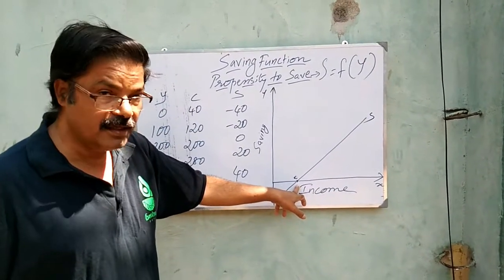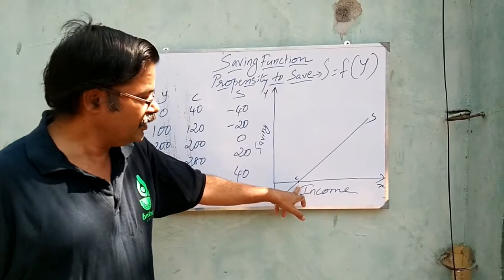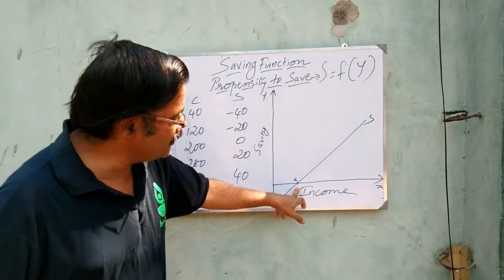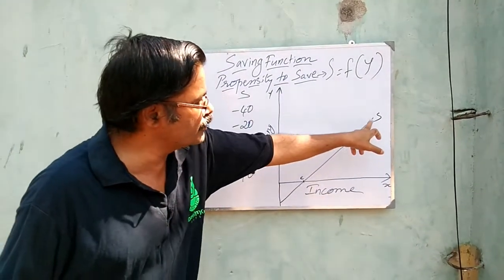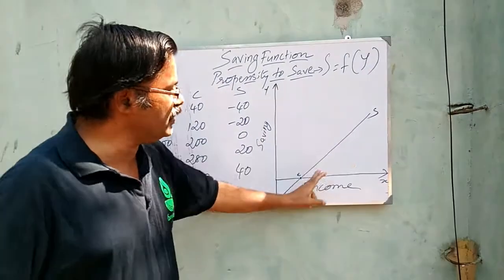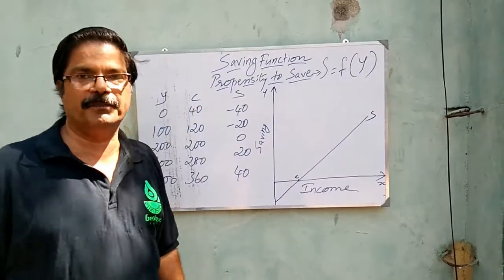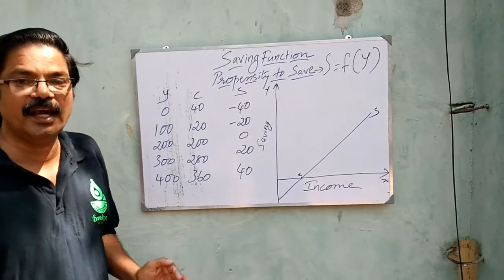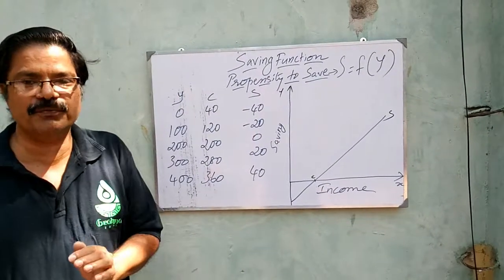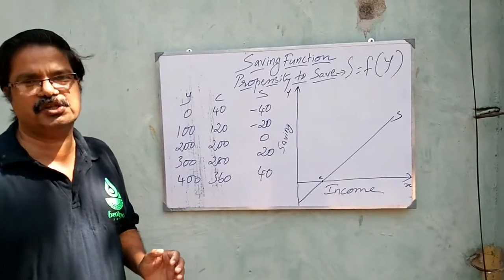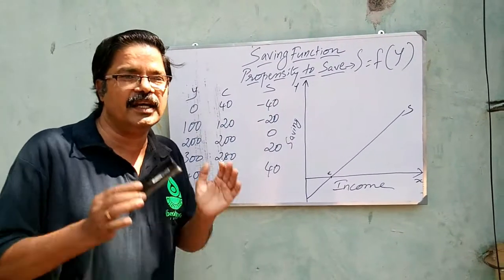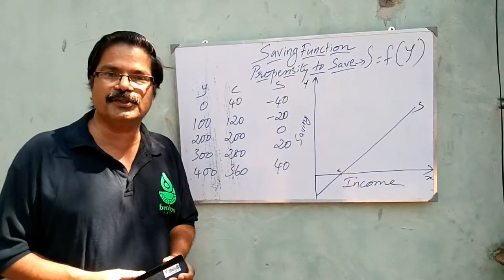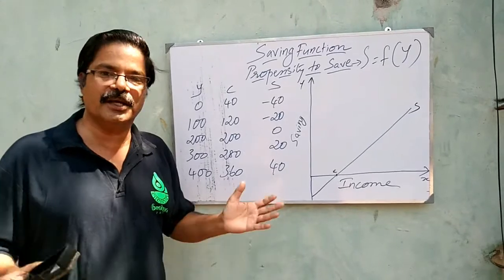What does it mean? It means consumption and income are equal. But as income increases, saving goes on increasing. So the saving curve also slopes upward from left to right. So saving is a function of income. And the functional relationship between saving and corresponding level of income is called propensity to save.